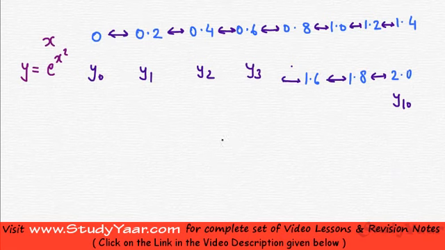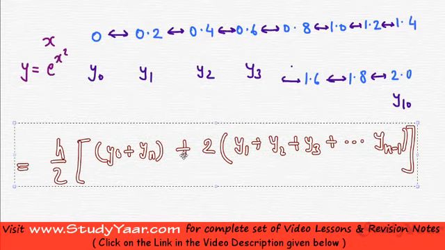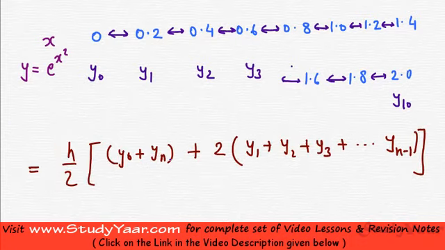Once you have all the y values, you are just going to apply your trapezoidal rule, which is this. Now instead of yn you have y10 because n is equal to 10. So your final formula is going to be y0 plus y10, plus 2 into y1 plus y2 plus y3, so on up until yn minus 1, which is y10 minus 1, which is y9.